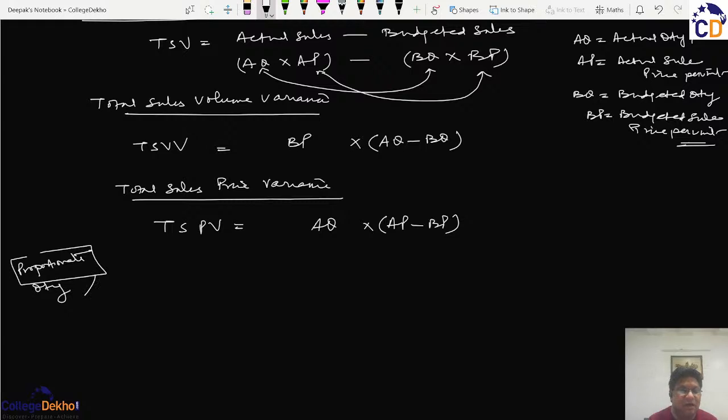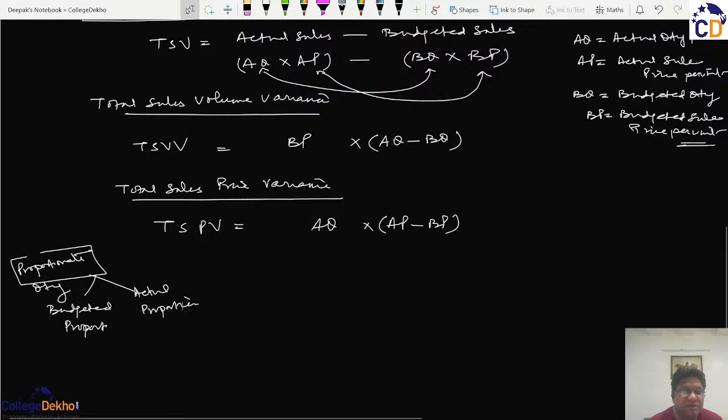There can be a budgeted proportion, and there can be the actual proportion. That is what you plan. If you say that there were three products A, B, C, and you planned them to be sold in the ratio 2:1:1, but the actual sale was 3:1:1, the ratio has changed from 50%, 25%, 25% to 60%, 20%, 20%.